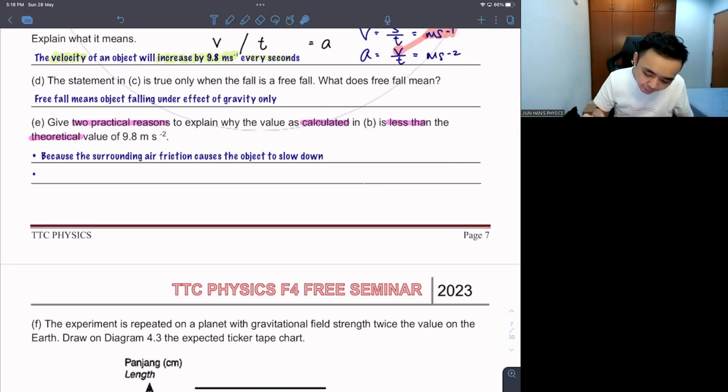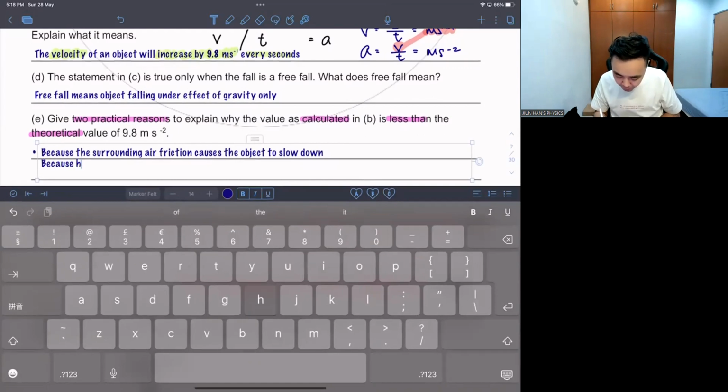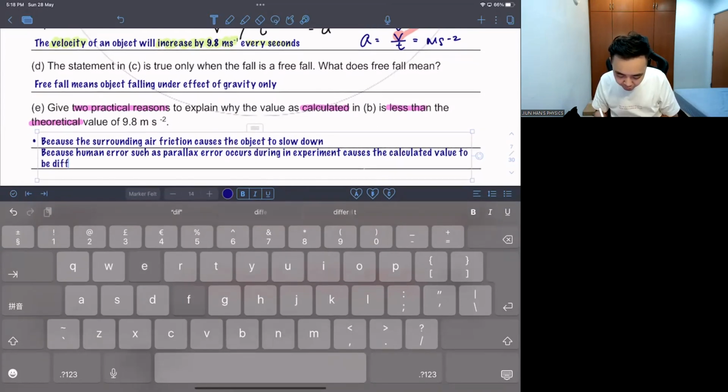So the second reason: human error such as parallax error occurring during the experiment causes the calculated value to be different from the theoretical value.